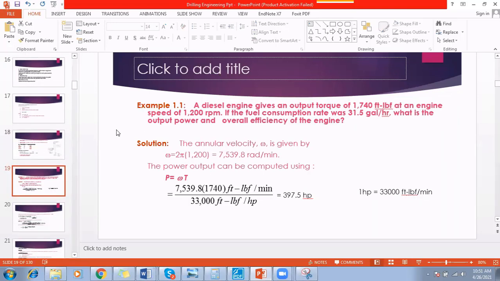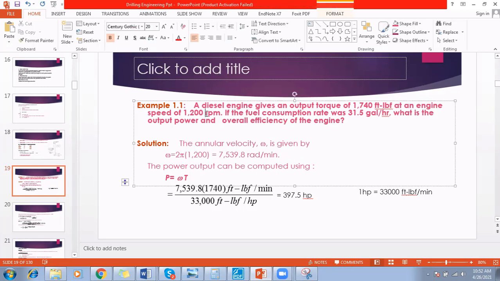So this is a numerical that is related with the power supply. But before proceeding to this numerical, it will be much better for you to take out your register or notebook, and perform these calculations at the moment.